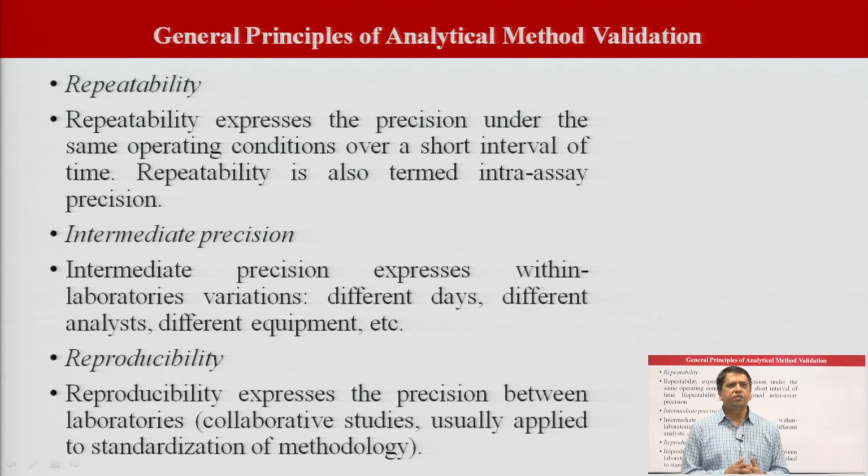The next level of precision is intermediate precision. In this case, we are performing the analytical method in different days, or with different analysts and different equipment. If the methodology is suitable enough, there may be no deviation between the results, whatever the time we perform the experiment, or whatever the equipment, or the analyst.